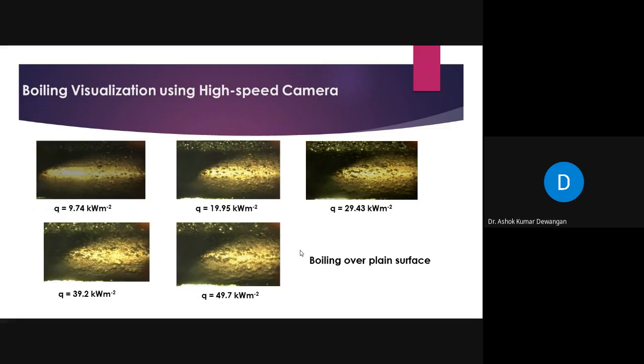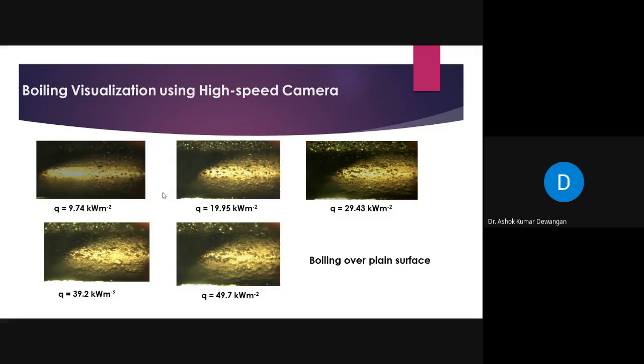This analysis enabled us to obtain the bubble parameters like nucleation site density, bubble departure diameter, and bubble frequency for the plain surface. For that purpose, the images are captured for different heat fluxes. And this figure shows the individual and merged bubbles in pool boiling of refrigerant.